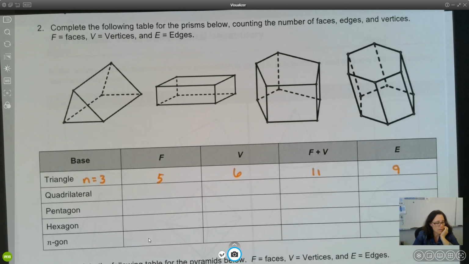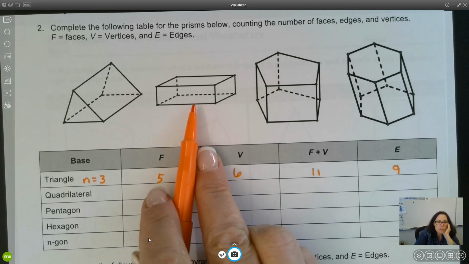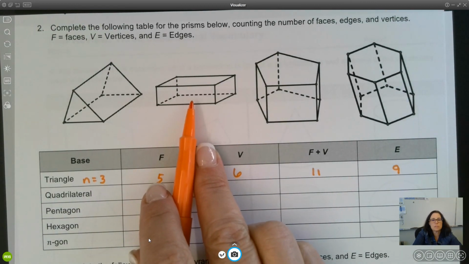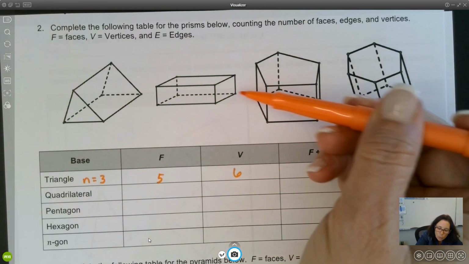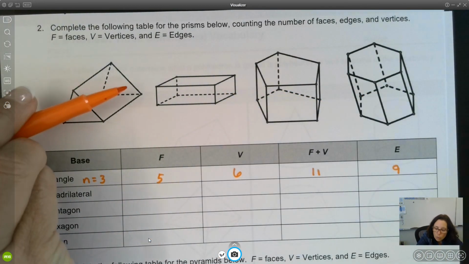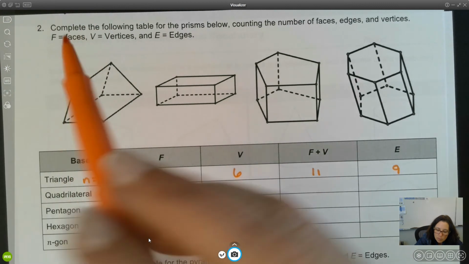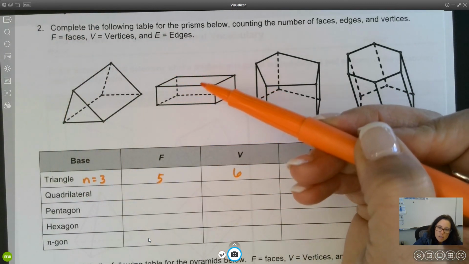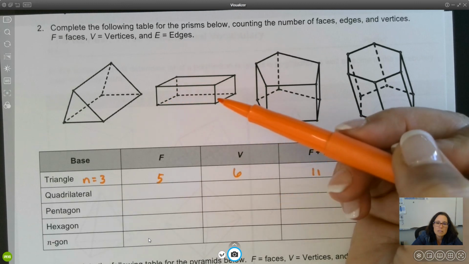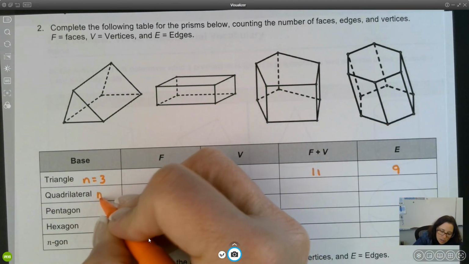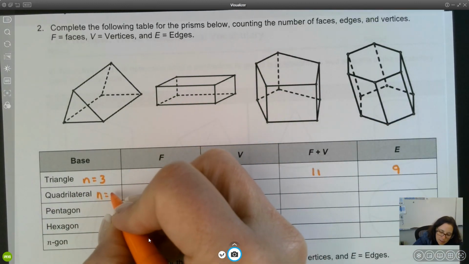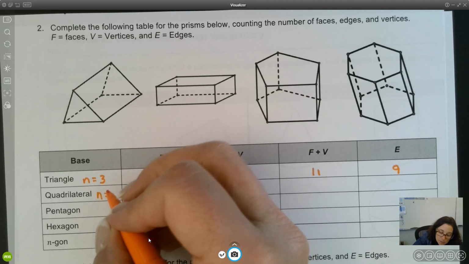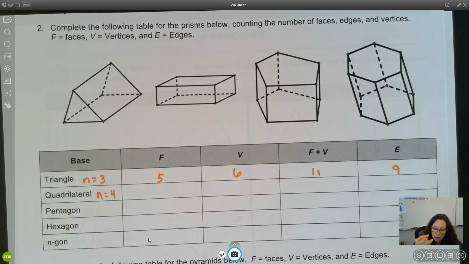Okay, let's do the same thing with this quadrilateral base. So again, we've got a rectangle here, a rectangle here. Those are the bases. And then around are the rectangles that are connecting those bases. So the number of sides on a quadrilateral is 4.